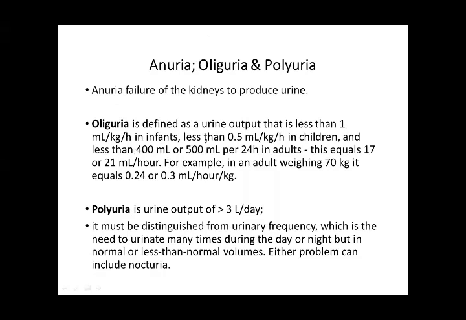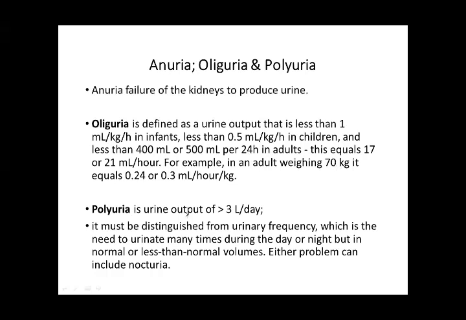In infants, it is less than 0.5 ml per kilogram per hour. In general, although 1 ml per kg per hour is very specific, we say less than 400 or 500 ml in 24 hours is oliguria, right? So the rest is the calculation.